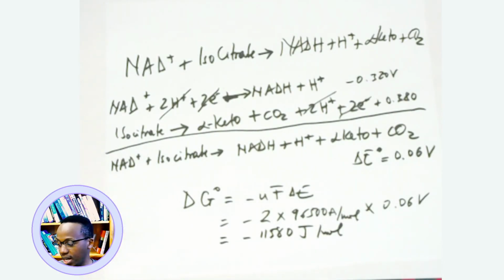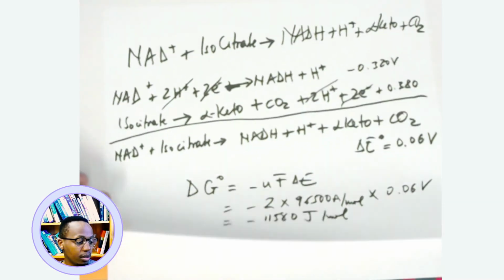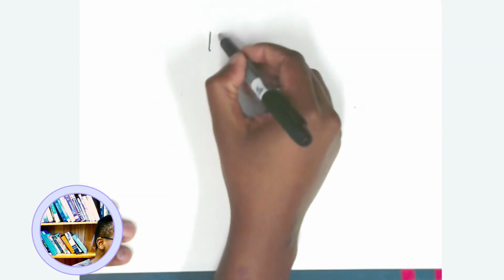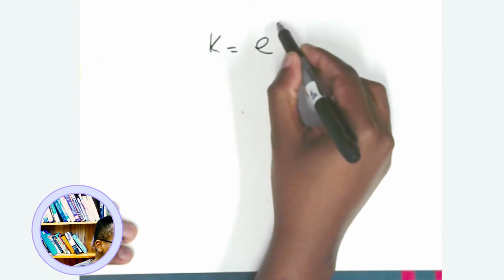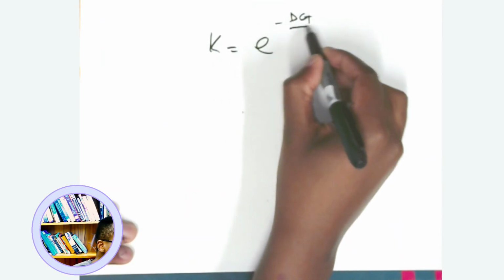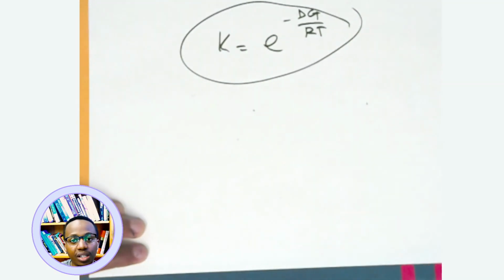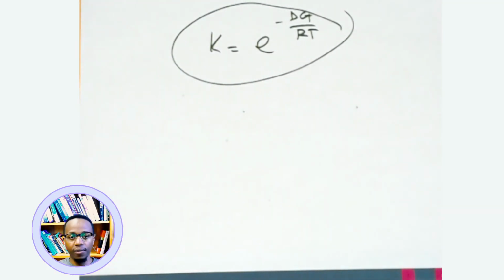And remember that after this we can even find the K, right? K is equal to e to the negative delta G over RT. So if you're given the temperature, you can find the K, no problem.